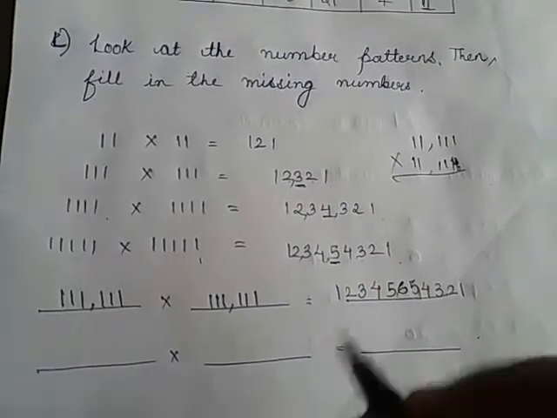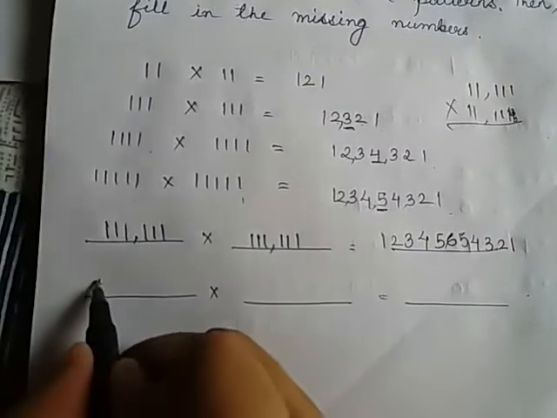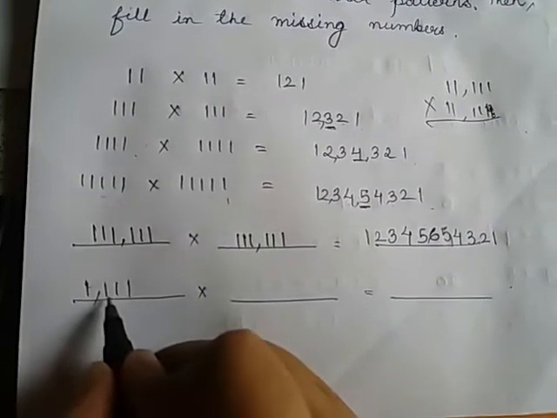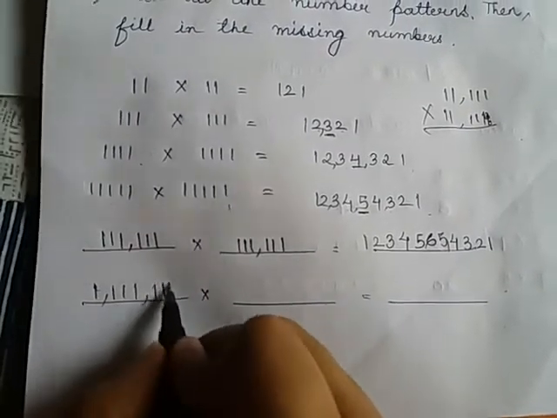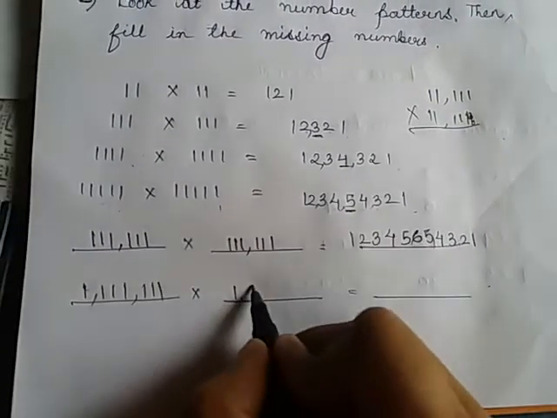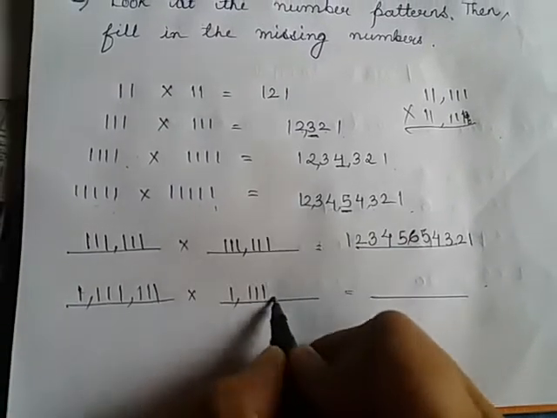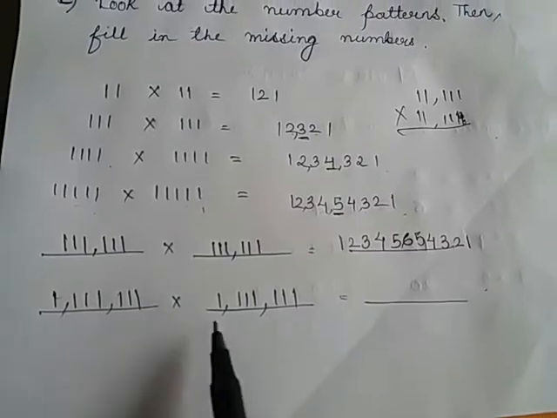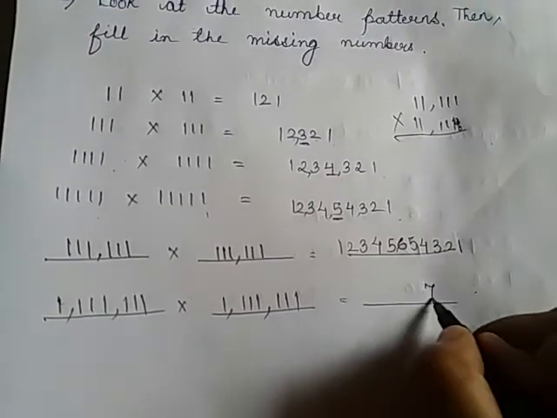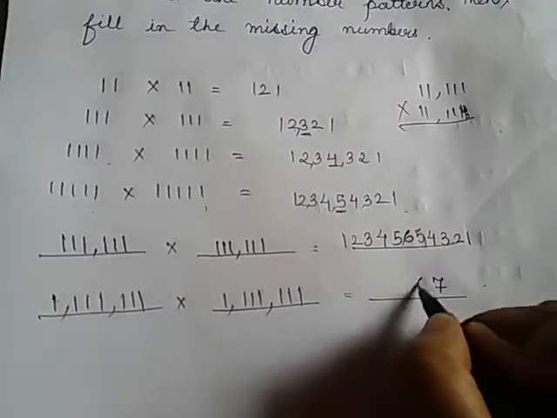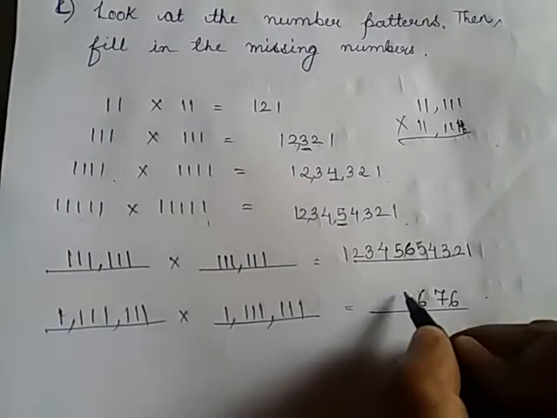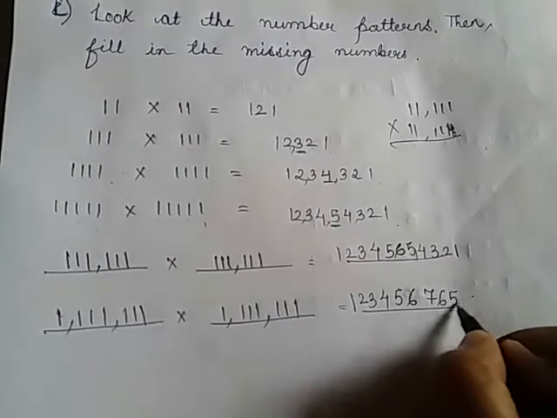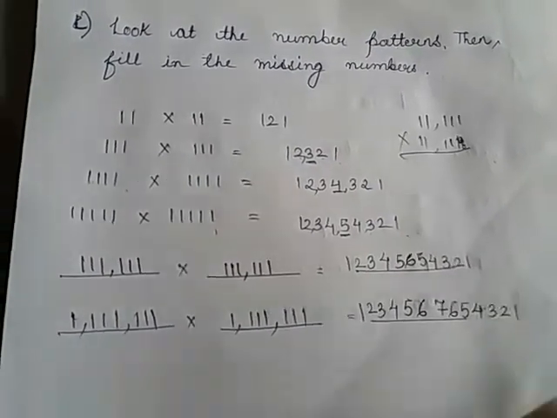Isn't it funny? Let's try one more: 1,111,111 multiplied by 1,111,111. That means there are 7 ones present here. So we will write 7 in the middle, then we'll write 6 here, 6 here, then 5, 4, 3, 2, 1 on each side.